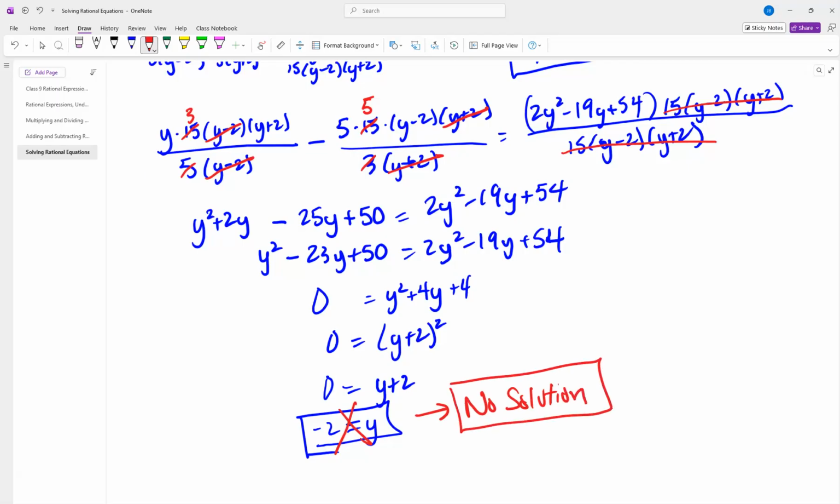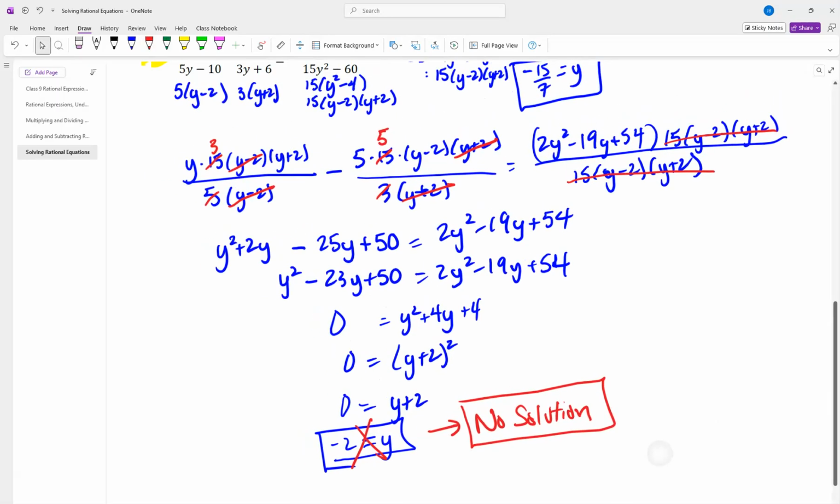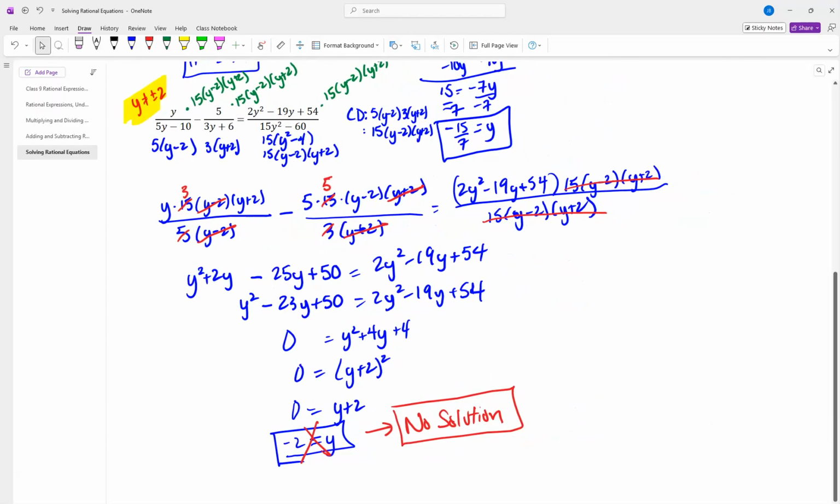Wasn't that fun? Not really. You're probably wondering why we even did the problem. But you can solve it, and you need to make sure that you're checking the values you get against the restricted values. If you end up with something that's restricted, you have to remove it and just say no solution.